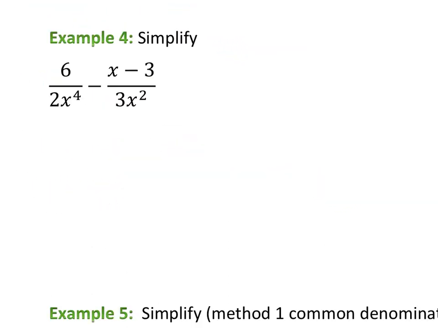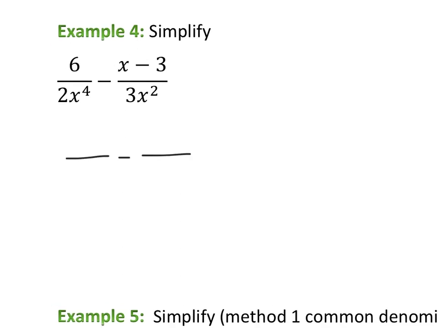Okay, the next one here will require us to find a common denominator. However, there's monomials in the bottom of the fraction, which means how I proceed in getting the denominator is slightly different. So for the denominator, since I can't factor the bottoms, what I'm just going to look at is the common multiples. So just like before, as far as the 2 and the 3 goes, the least common multiple is 6. For the variables, I want to take the variable with the highest power.